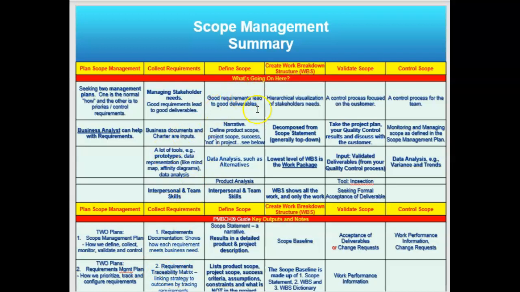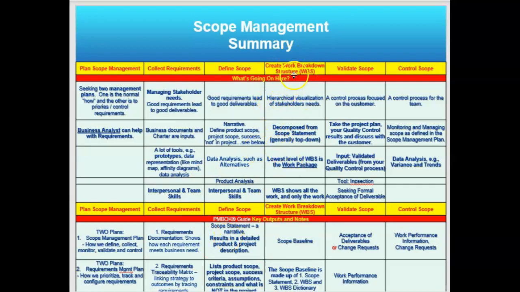When I define scope, remember, good requirements lead to good deliverables. So I'm going to define the product scope and the project scope when I define my scope. I'm going to define the success criteria, what's not in the project, etc. I'm going to do some data analysis, like what other alternatives are there. And my outputs are my scope statement, my big output.